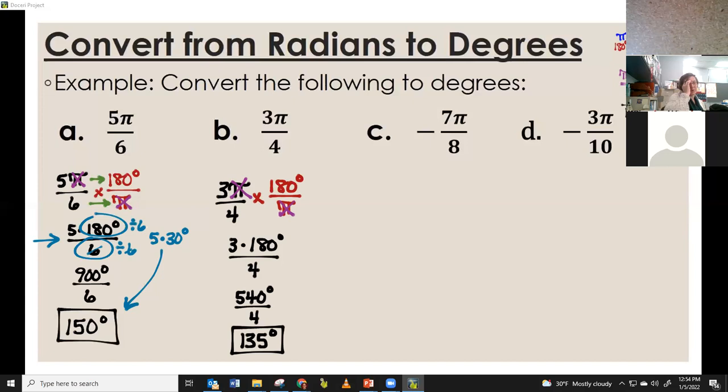Exact same process with part C when we have negative angles, negative radians. Doesn't change the fact that we're still trying to convert it into degrees. So I'm going to multiply by 180 degrees over pi. Pi is going to cancel. So I'm going to have -7 times 180 degrees over 8.